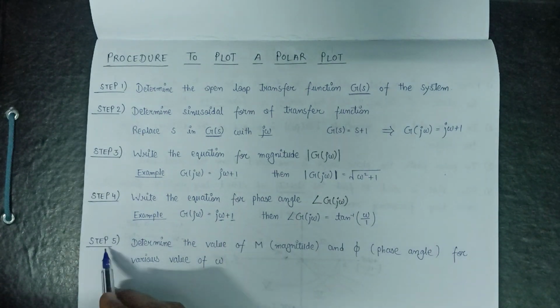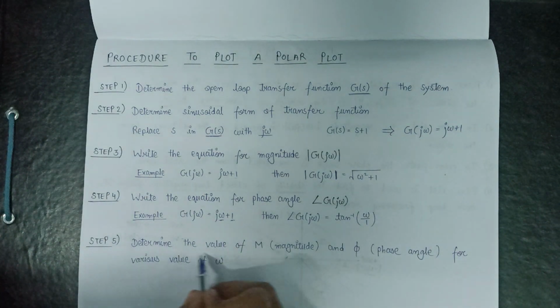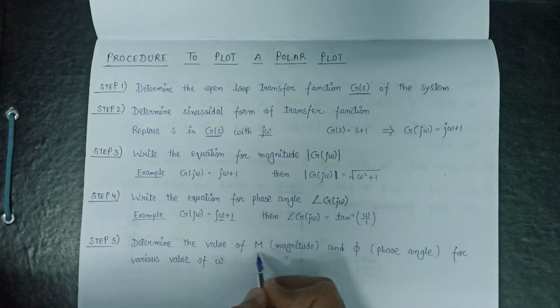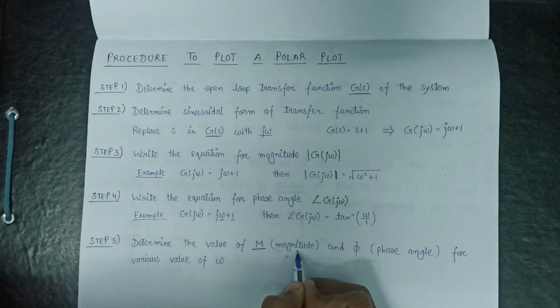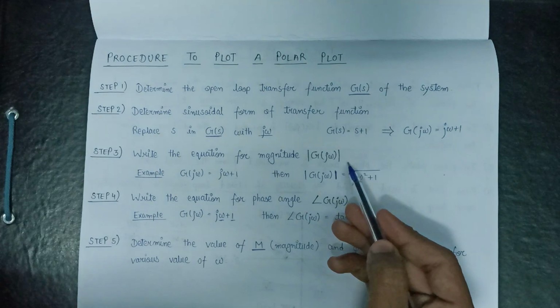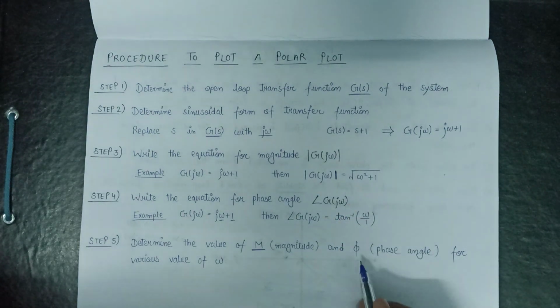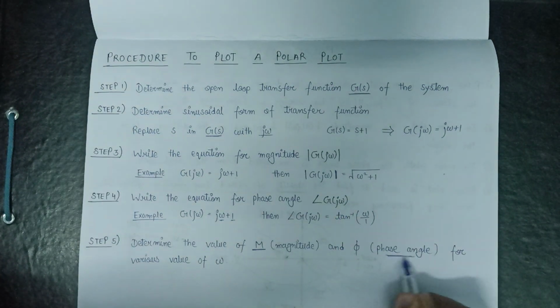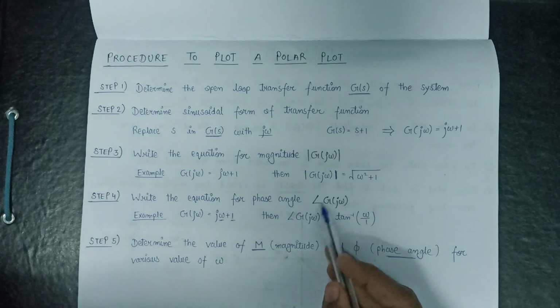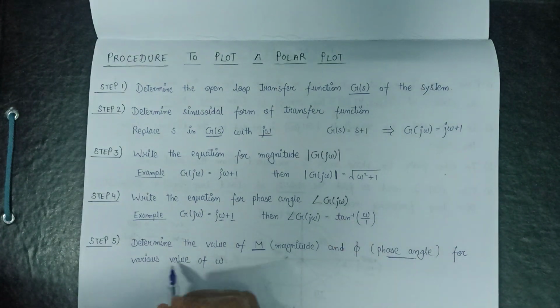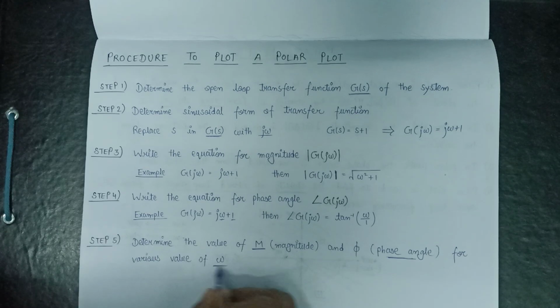Moving on to step number 5, that is determination of the value of M, which is the magnitude that we calculated earlier, mod of G(j omega), and phi, that is the phase angle, angle of G(j omega), for various values of omega.